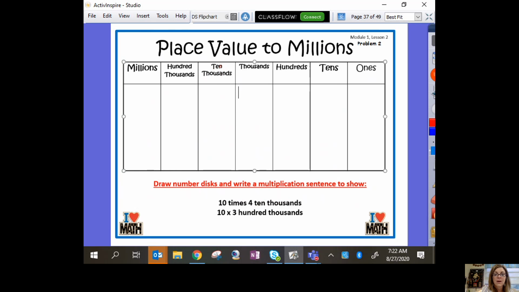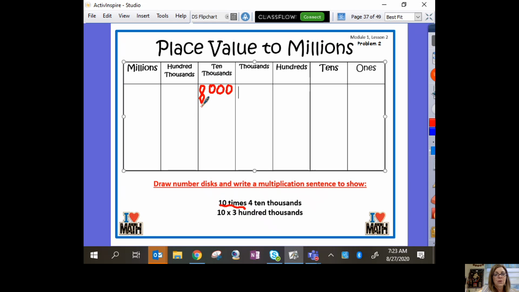Here's my 10,000s column. I'm going to draw 1, 2, 3, 4 10,000s. Now 10 times that, I'm going to represent by drawing them out. I know it takes a little time, and we're going to get to a shortcut later in this lesson, but right now we want to keep this visual in our mind.